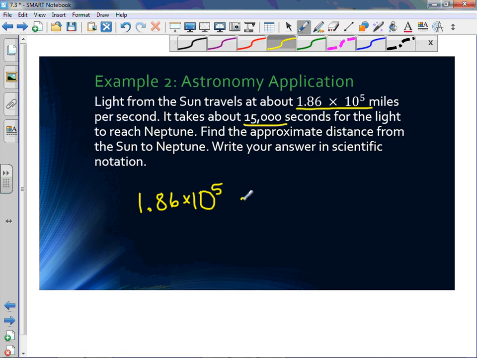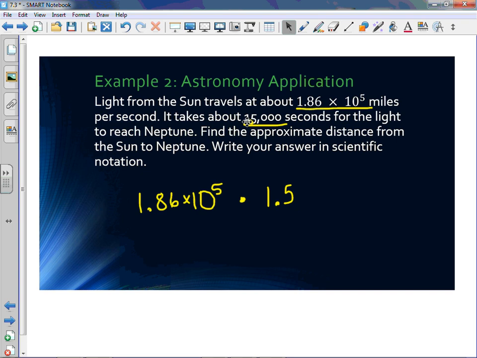So I'm going to turn that into scientific notation as of 7.2. So that means I need a number between 1 and 10. 15, if I put the decimal here, is too big, so I'm going to do 1.5. In order to have the decimal between the 1 and the 5, I had to move it over 1, 2, 3, 4 spaces.